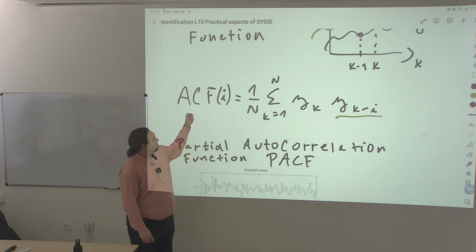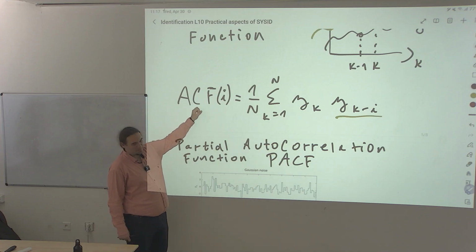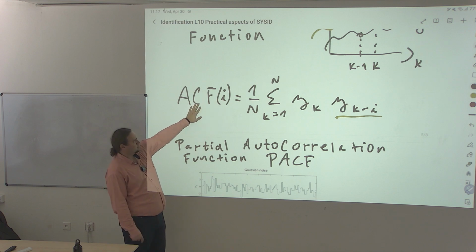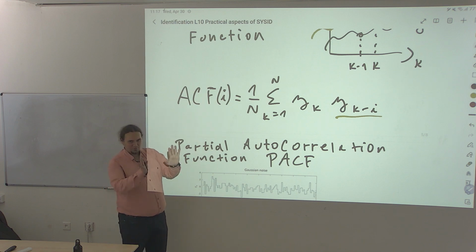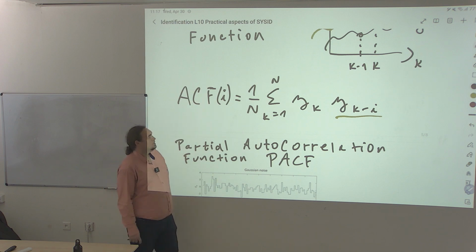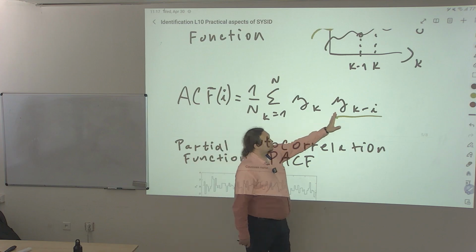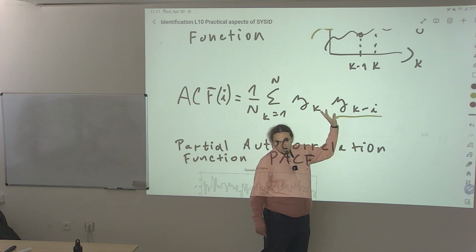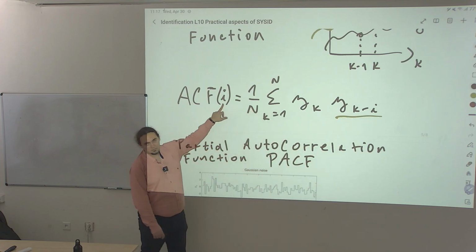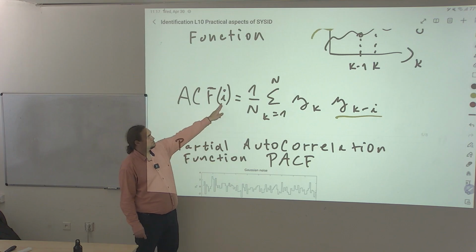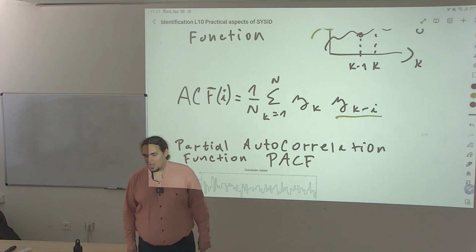It will be almost the same as the autocorrelation function. If you are thinking about the autocorrelation function, just think about the correlation coefficient: how much is the signal related to itself if I shift it by several steps backwards.